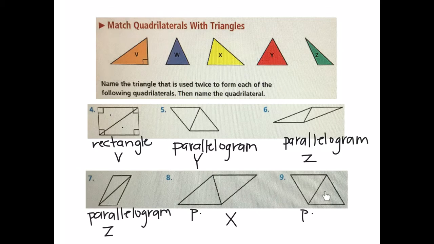So I'm going to go ahead and write Y as being the triangles they used to create a quadrilateral. Now, looking back on number 8, I'm realizing that this one could be X, but it also could be W. It just looks a little bit closer in size to X. Essentially, the gist that I wanted you to get from this slide is that you can see a quadrilateral is made up of two congruent triangles.